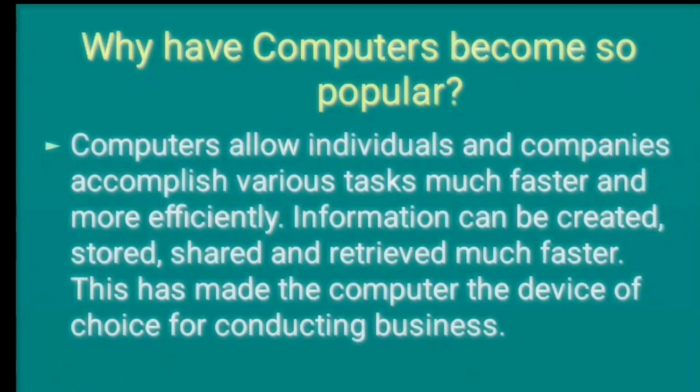Computers allow individuals and companies to accomplish various tasks much faster, and to store, share and retrieve information much faster. This has made the computer the device of choice for conducting business.